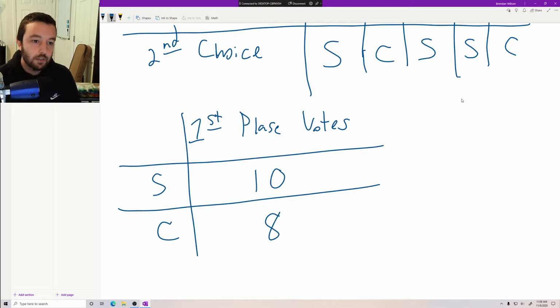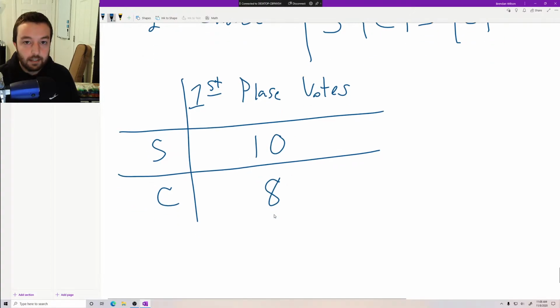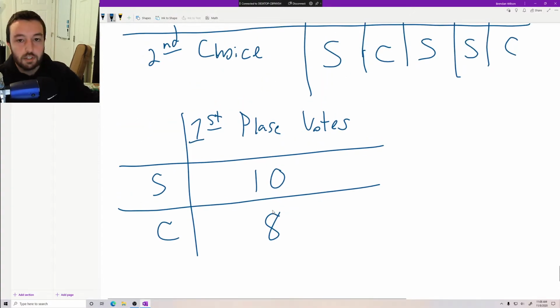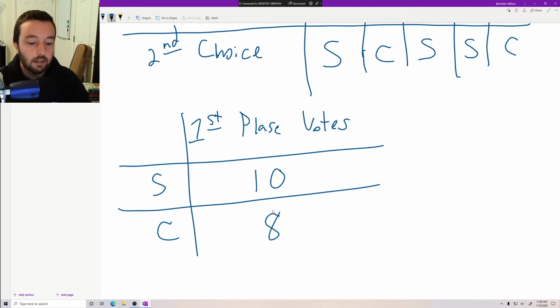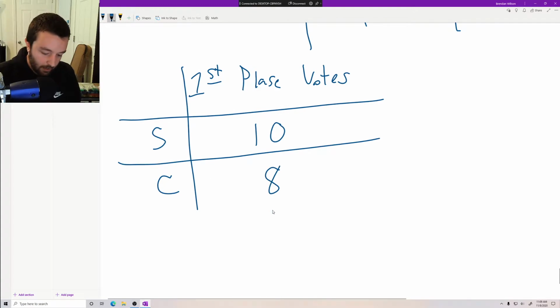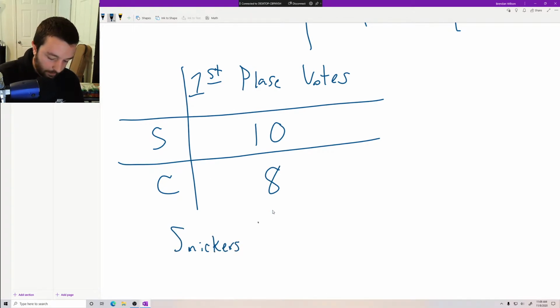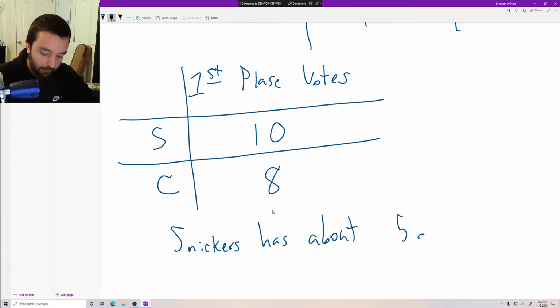And now we ask ourselves, okay, does anybody have a majority? And there's 18 votes. Snickers now has 10 out of 18 votes, which is going to be more than 50%. For an exact number, they have 55%. You can round to 56%. So Snickers has about 56% of the vote.